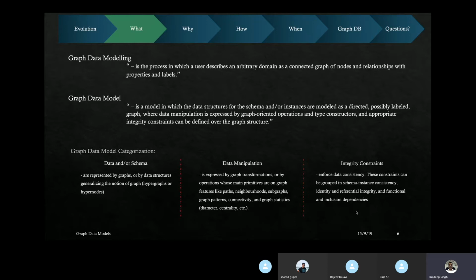That ensures the consistency of updating or deleting any node or data from the database. So these are broadly three categories. The majority of data modeling is done on these two things, and these are actually handled by the physical data modeling layer.